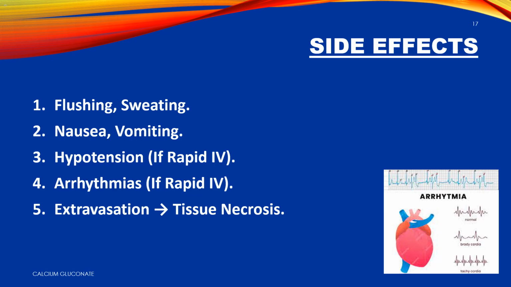Rapid intravenous administration of calcium gluconate can cause a drop in blood pressure, leading to hypotension. 4. Arrhythmias. Rapid IV administration can also disrupt heart rhythm, potentially causing arrhythmias. 5. Extravasation leading to tissue necrosis. If calcium gluconate leaks into the surrounding tissue during IV administration, it can cause severe tissue damage and necrosis.